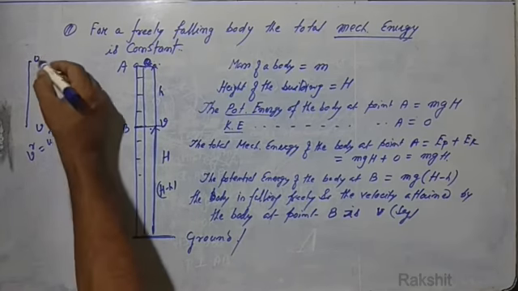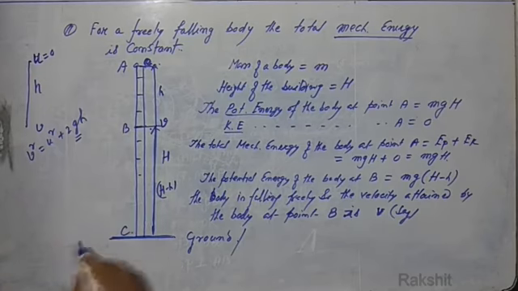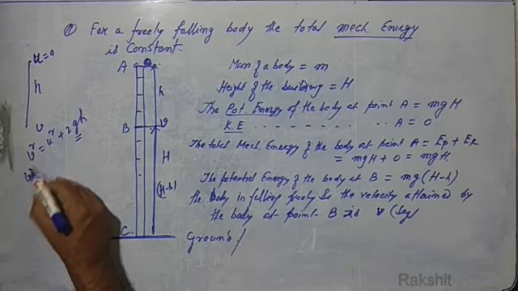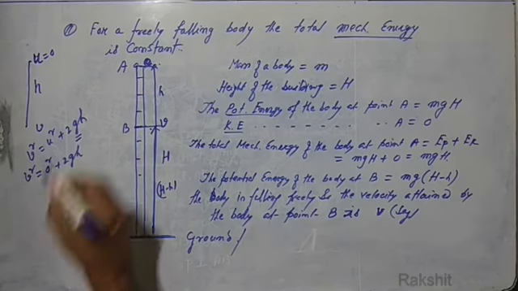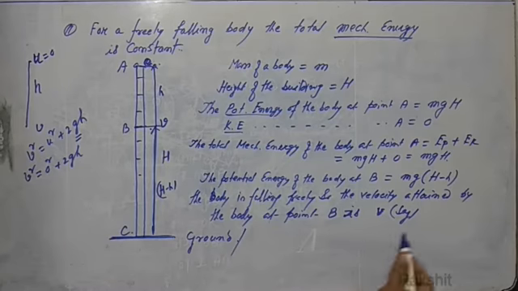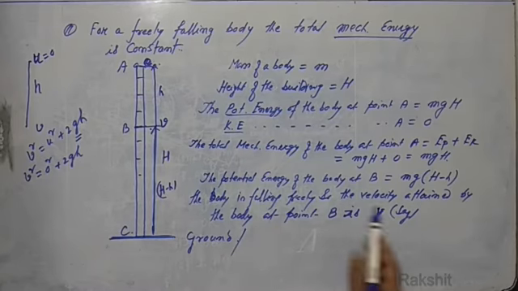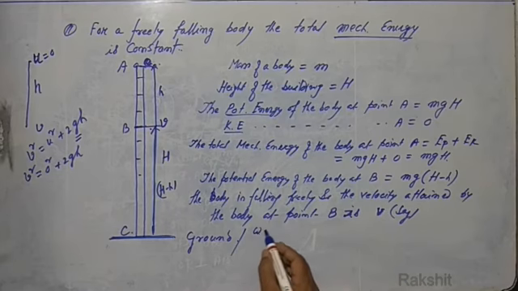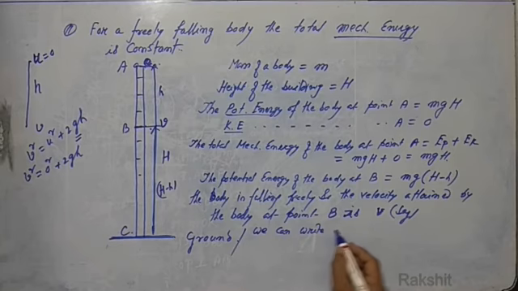As the body falls freely, the initial velocity u is equal to 0. So v square is equal to 0 square plus 2gh. So we can write down v square is equal to 2gh.